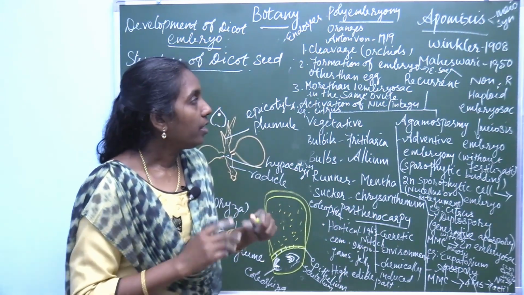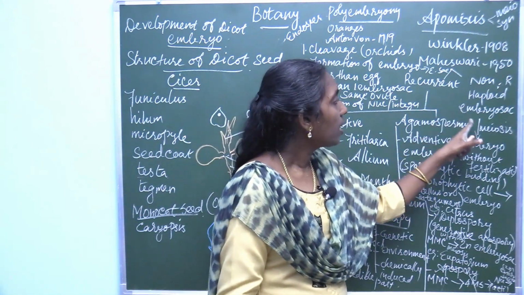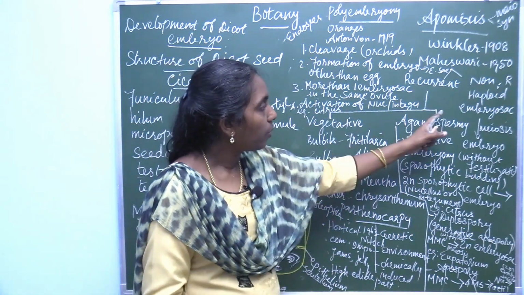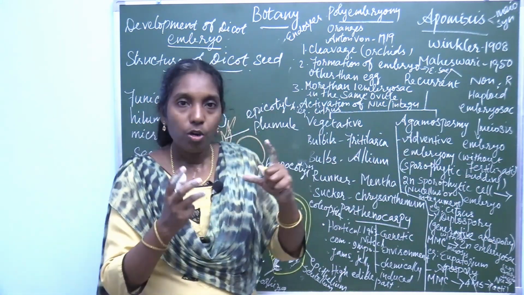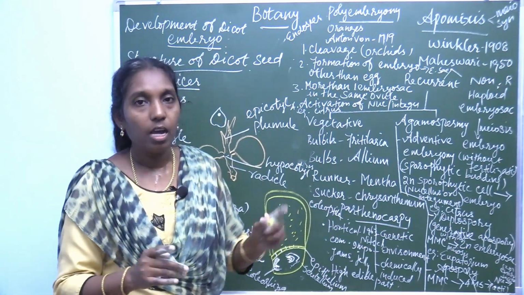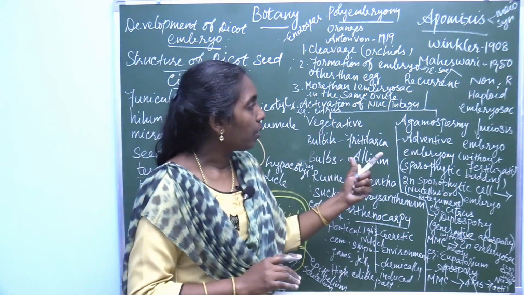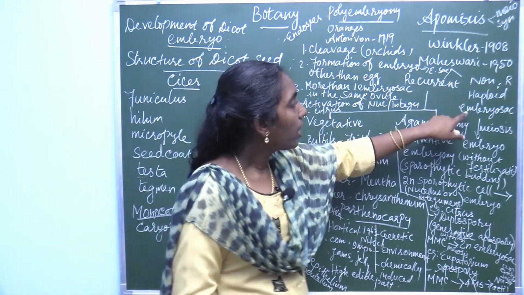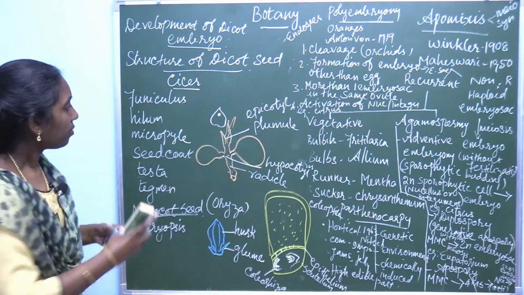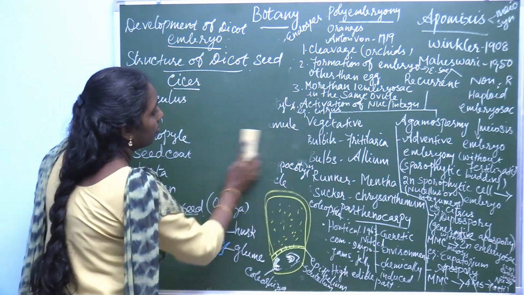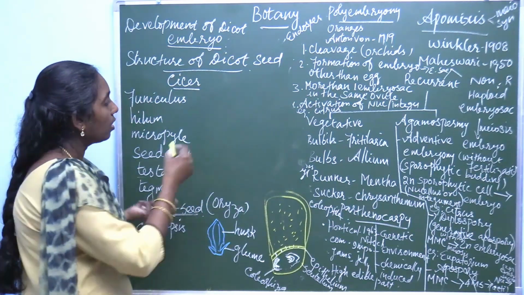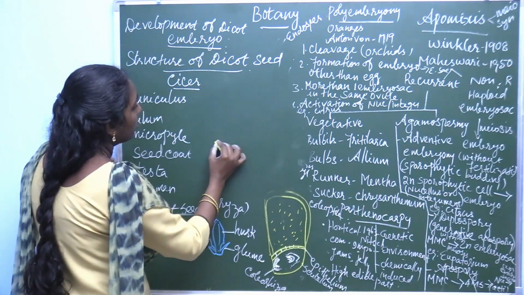But in non-recurrent apomixis, from the haploid embryo sac, the embryo is developed without fertilization. Syngamy is absent, but meiosis is taking place. When you see the structure of the embryo sac, here is the embryo sac.